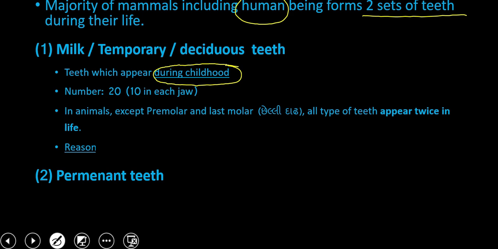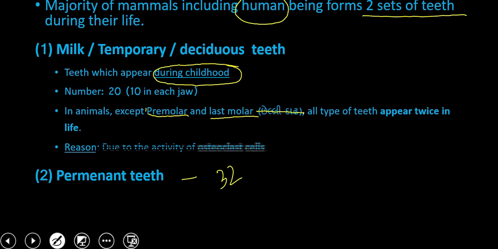As we know, permanent teeth are 32 in number. Out of 32, except premolar and last molar, all types of teeth appear twice in life. That is due to the activity of osteoclast cells.